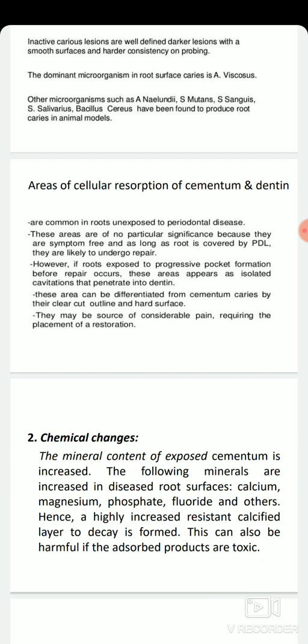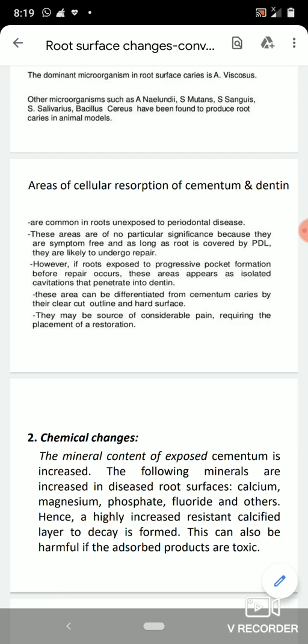However, if roots are exposed to progressive pocket formation before repair occurs, these areas appear as isolated cavitations that penetrate into dentine. They can be differentiated from cementum caries by their clear-cut outline and harder surface, and they may be one of the sources of considerable pain and require the placement of restoration.